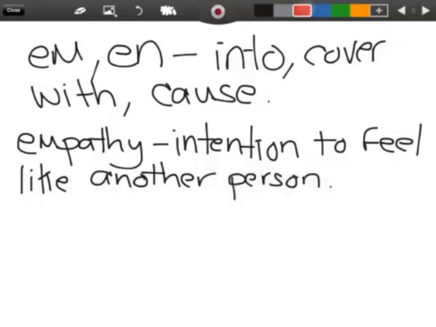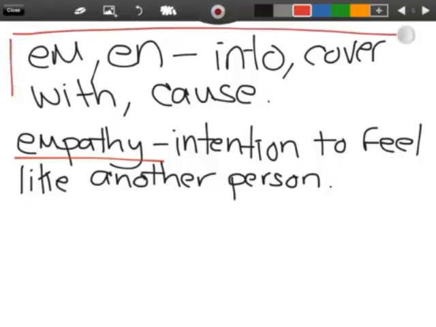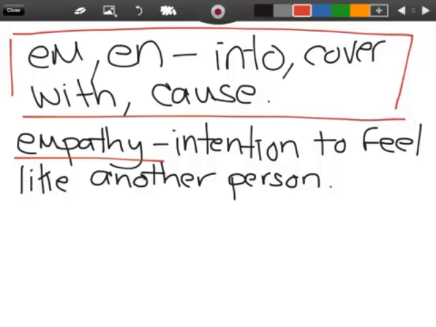I'm going to take this and use this in a sentence. Before I move on, I want to underline this, saying this is also another common root that is widely used. I'm going to go ahead and use empathy in a sentence now.